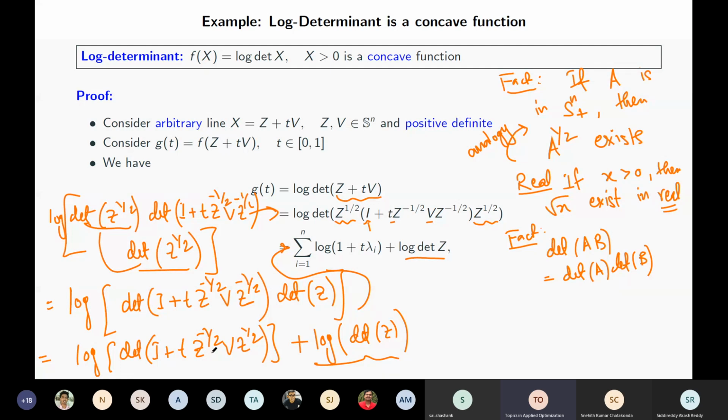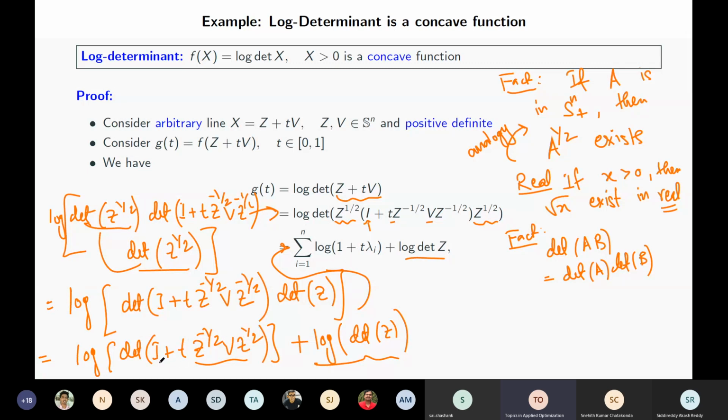The way we have expanded is that we assume that the eigenvalues of these are lambda I. So if the eigenvalue of these are lambda I, then the eigenvalue of identity plus t will be 1 plus t times lambda I. And determinant is the product of the eigenvalues.